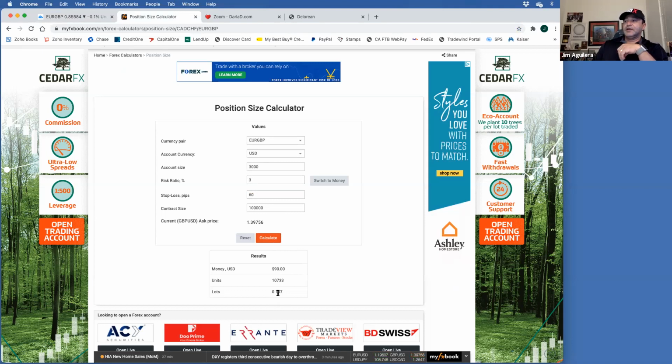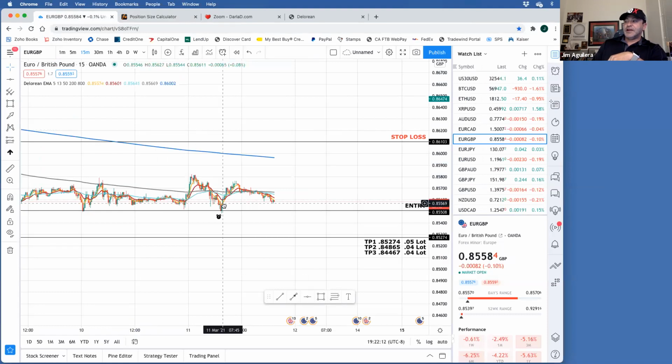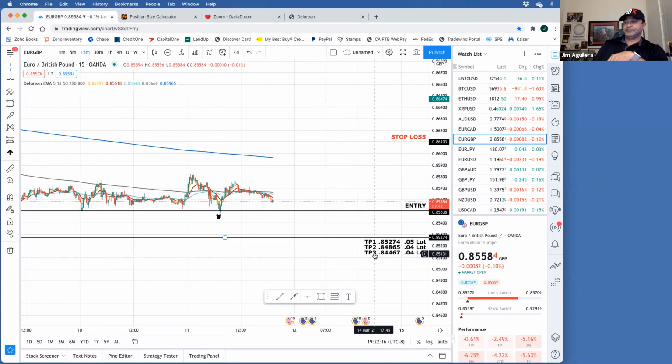And then another thing we can piggyback on is that sometimes the educator will give you 3 take profits. And you only want to risk 2% total for the whole trade idea. So that doesn't mean that you're going to risk 2% on that one, 2% on that one, and 2% on that one.